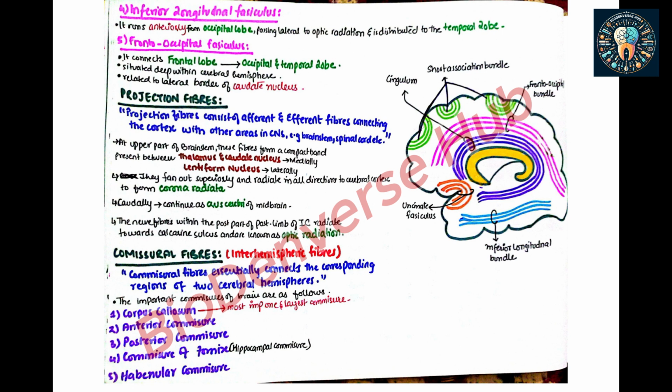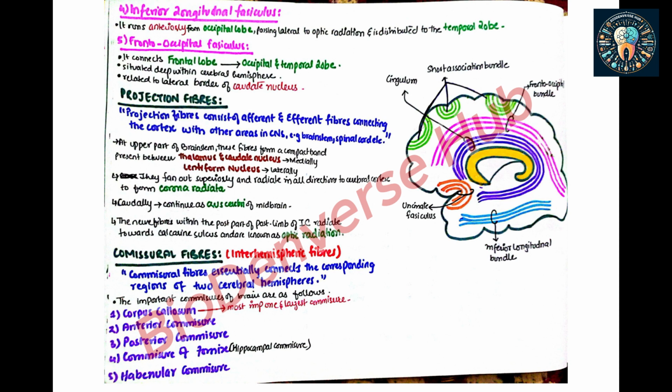The fibers outlined in orange are known as the uncinate fasciculus. And the last, outlined in blue, are the inferior longitudinal bundle. So this diagram will help you remember and learn these fibers easily. You can also draw this diagram in your papers to achieve good marks. So this was all about the association fibers.